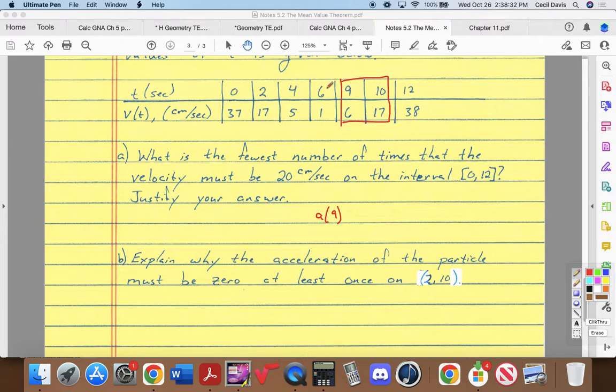If I had that this was 8, I would probably go from 8 to 10, so that I'm taking the average of those. But A of 9 is approximately 17 minus 6 over 10 minus 9, which is 11 over 1, which is 11 centimeters per second per second. Right, we did that earlier in the year.